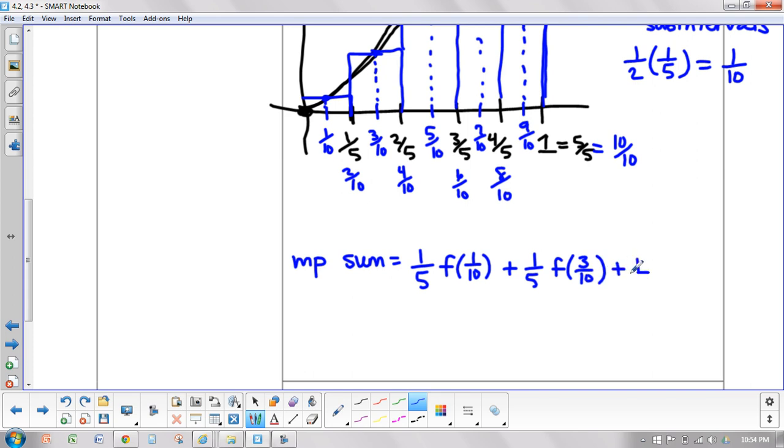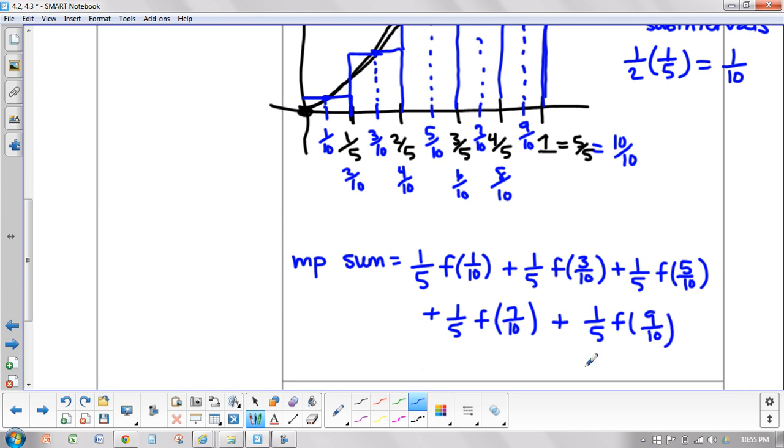And for the third one, 1/5 wide, I used f of 5/10, plus 1/5 wide, and I used f of 7/10 for the fourth rectangle, plus 1/5 wide, and I used f of 9/10 for the last rectangle.